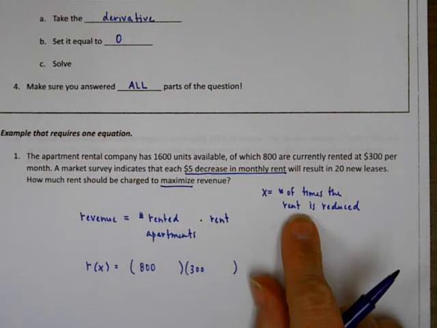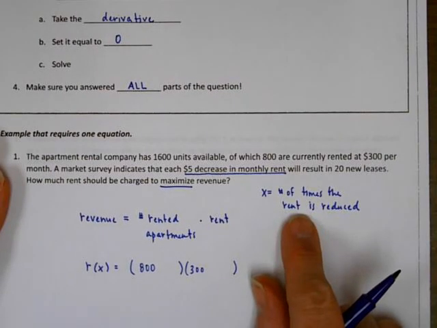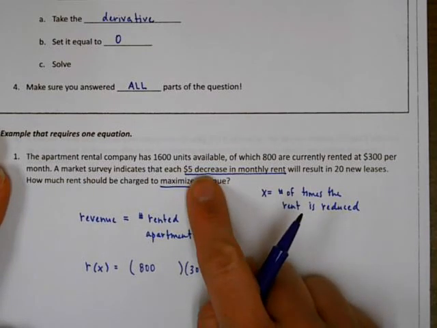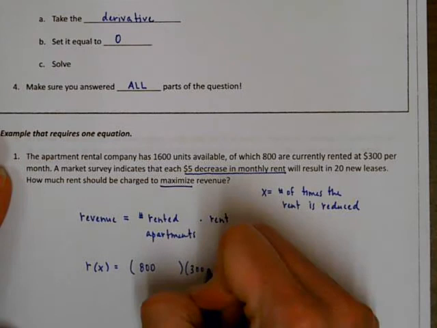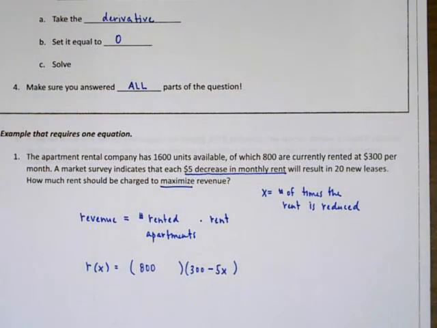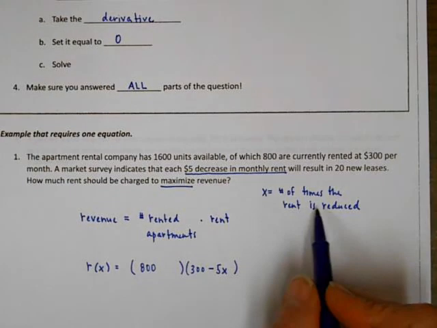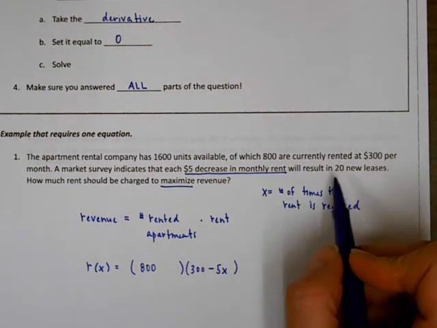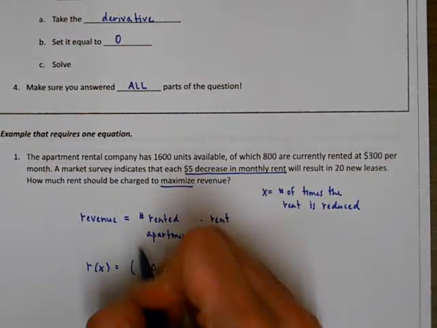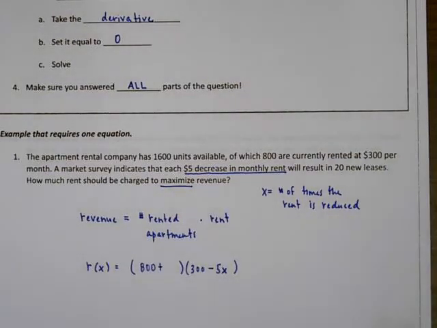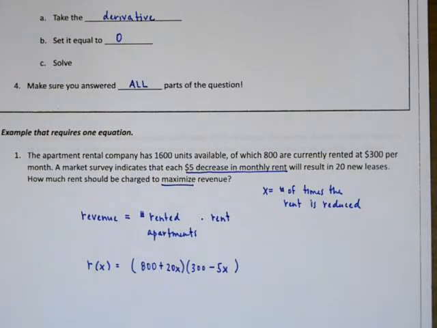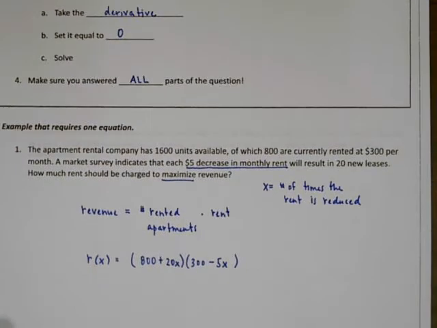Well, we know that each time we decrease the rent, we're decreasing it by $5. Now, each time we reduce the rent, we're adding 20 new leases, so 20 new rentals. So here, to our number of rented apartments, we're going to add 20x. So that's how we're going to generate our equation.